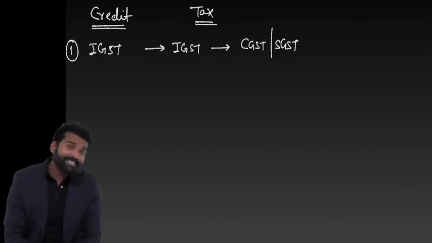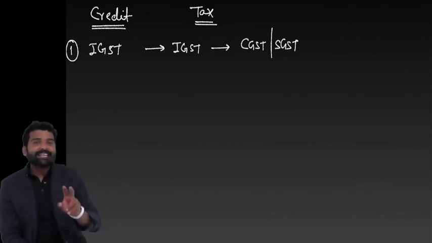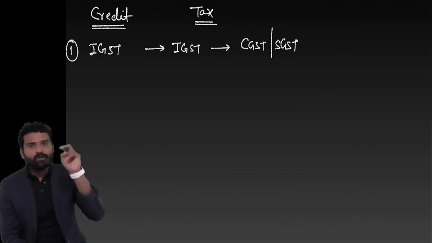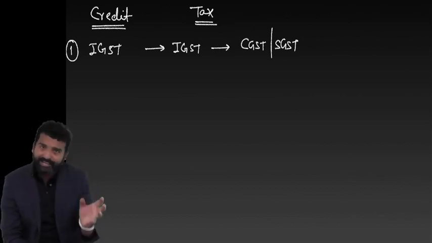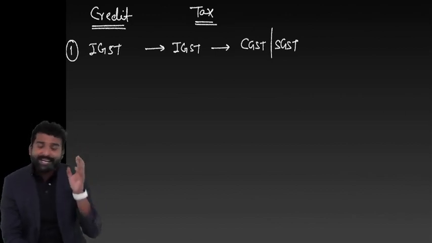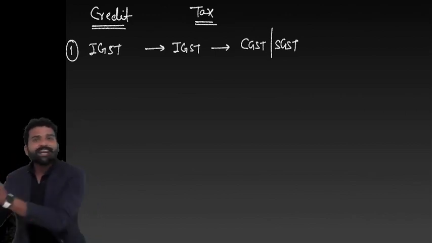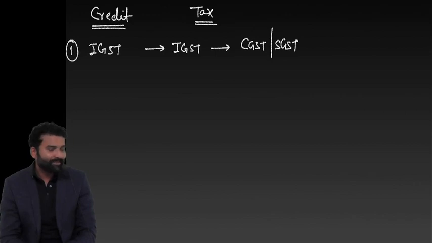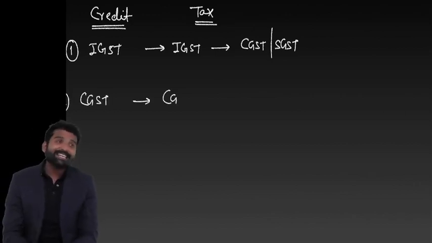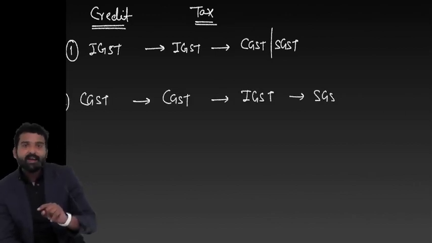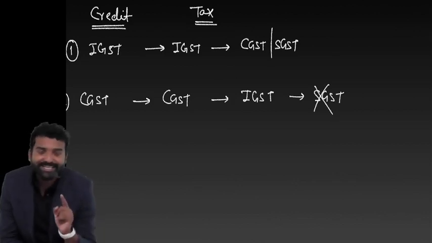Yes, interesting. IGST credit is a credit which can be utilized against IGST tax as well as CGST and SGST tax. CGST credit can be used with CGST and IGST, but there is one interesting case.